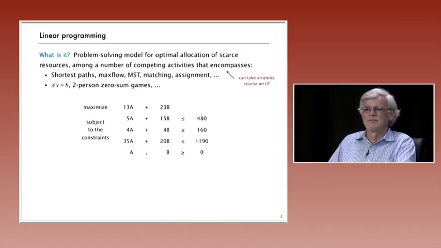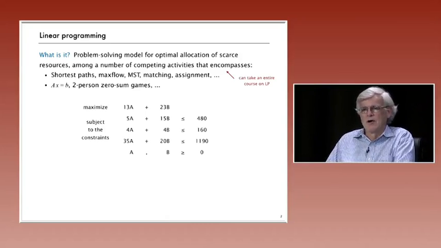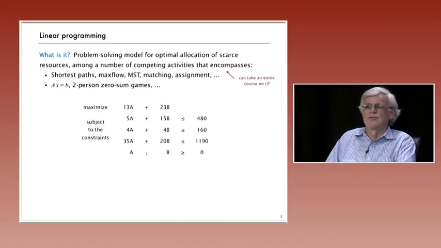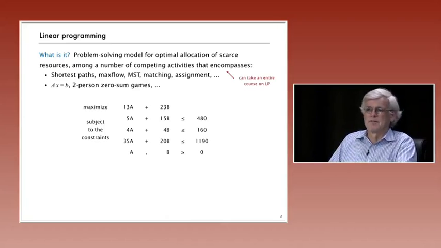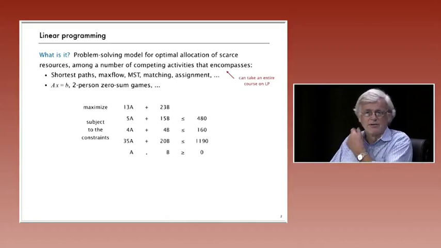And a good way to think of linear programming, where it's most often used in practice, is you want to allocate scarce resources among a number of competing activities, and you want to do it in a way that minimizes costs or maximizes something. That's the basic idea. And it encompasses a huge number of problems that we've considered, and even plenty of problems that we haven't considered.